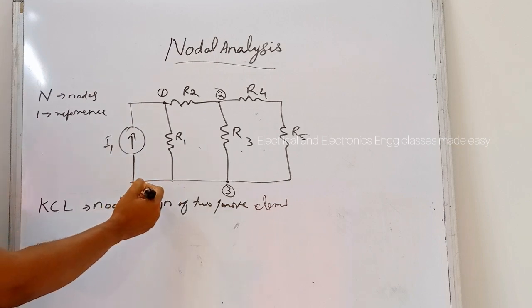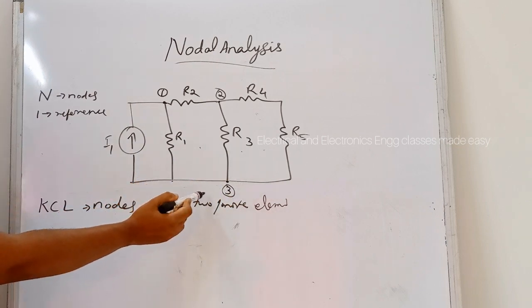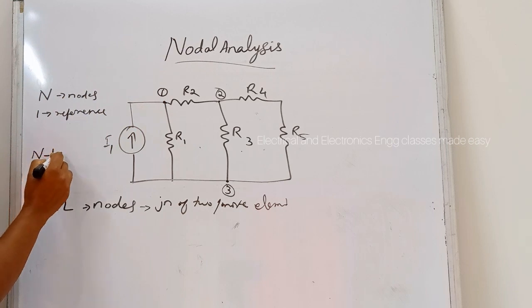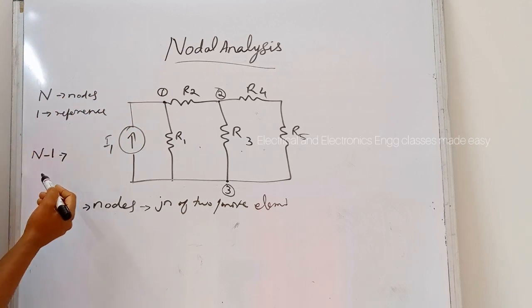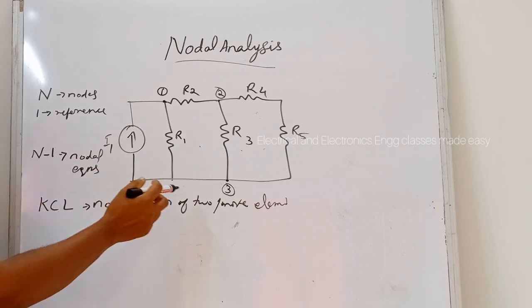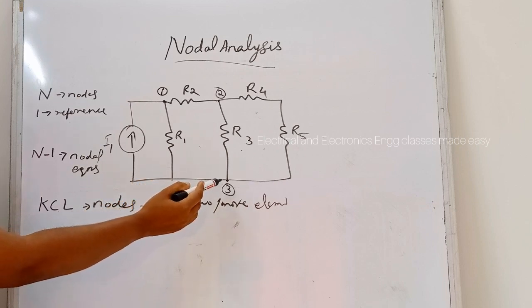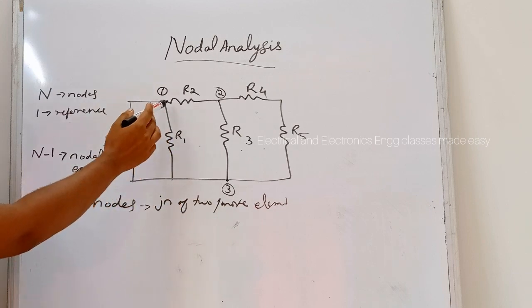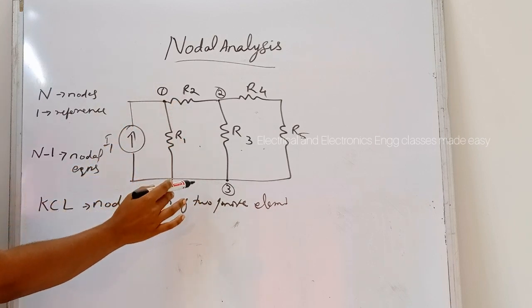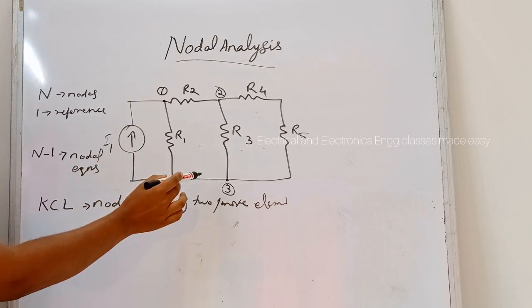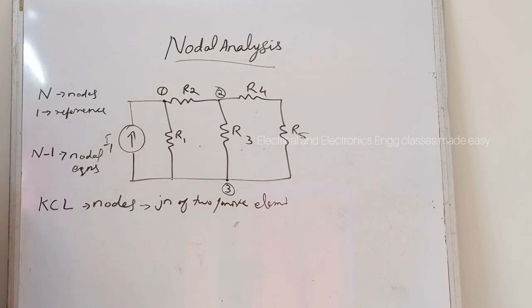Here this third node is the reference node, and in nodal analysis there will be n minus 1 nodal equations. The reference node is assumed at zero potential. So there are three nodes in this circuit, and one is the reference node with zero potential.